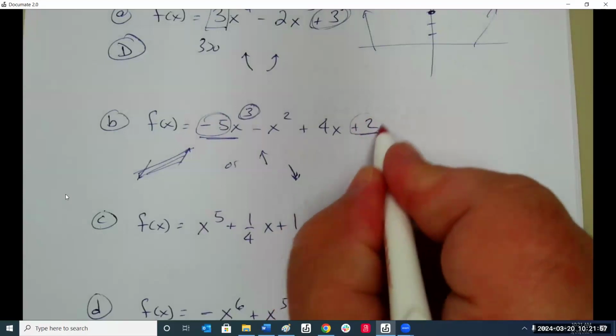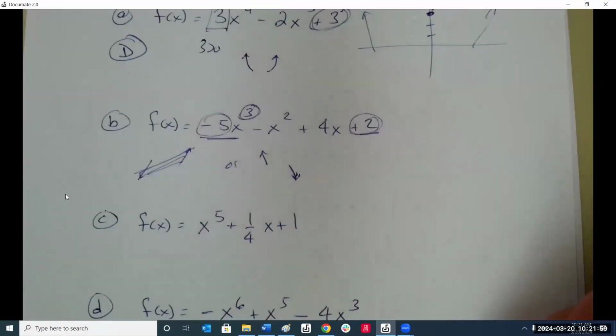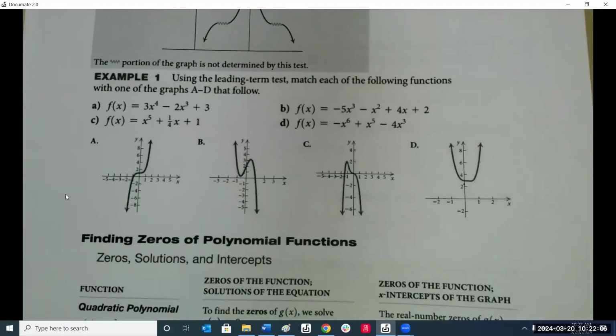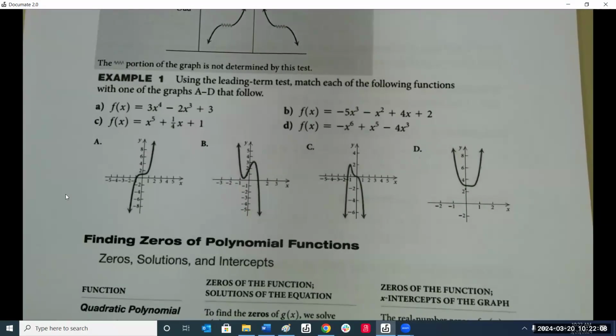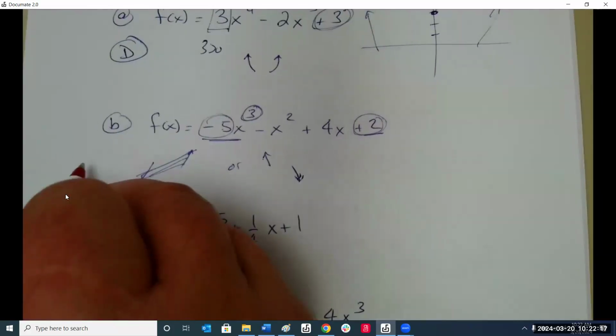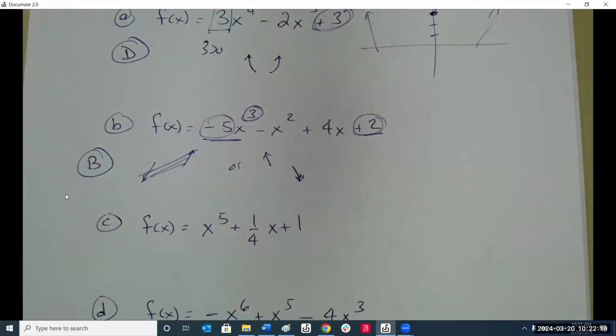And it has to cross the graph at y equals 2. So which graph is it? B, because it's the only one that goes in opposite directions and crosses at 2. So this one has to be B.